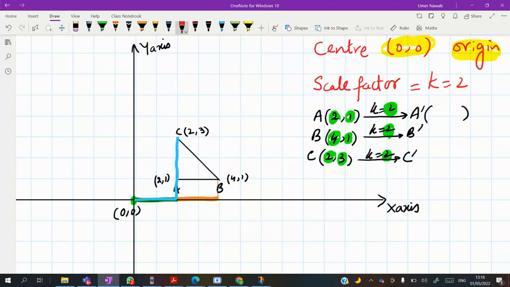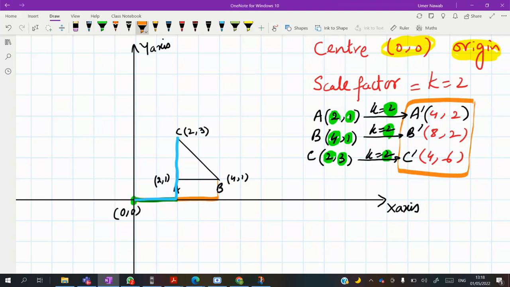So what would be the new points? 2 times 2 is 4, 2 times 1 is 2, 4 times 2 is 8, 2 times 1 is 2, and then 2 times 2 is 4, 2 times 3 is 6.